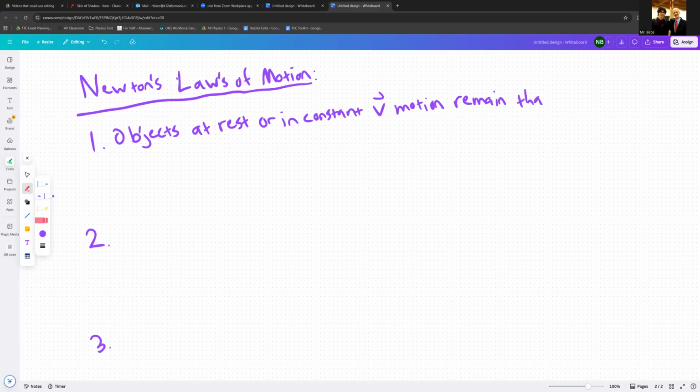So if they are at rest, they remain at rest. If they are in constant velocity motion, they remain in constant velocity motion until acted upon by an unbalanced outside force.